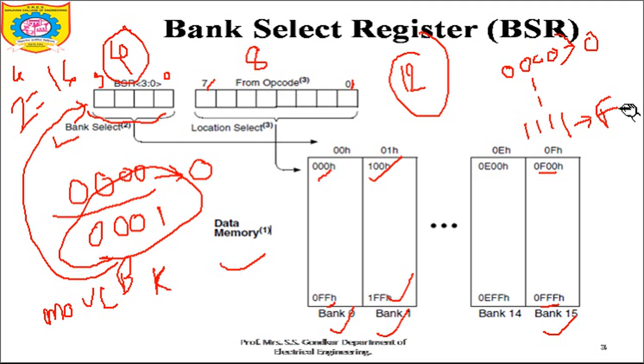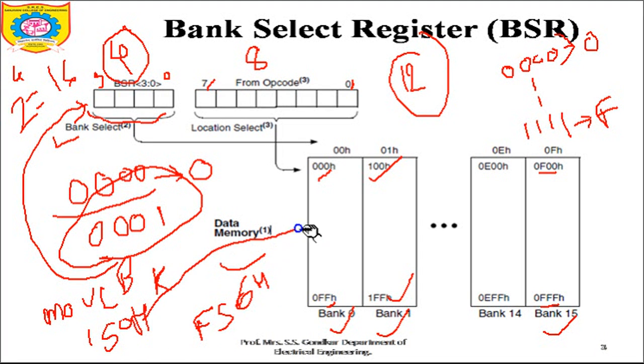In order to access a memory location from one bank to a memory location in a different bank, you have to switch the bank, that is, bank switching is required. Suppose you want to access F56H in bank F from the address 150H, which is in bank 1.